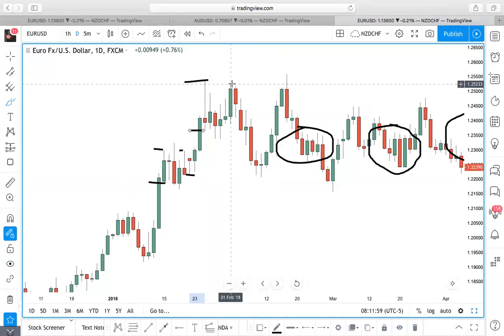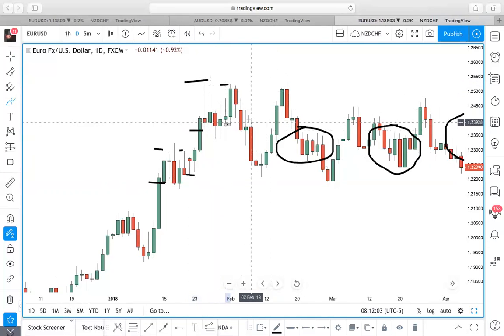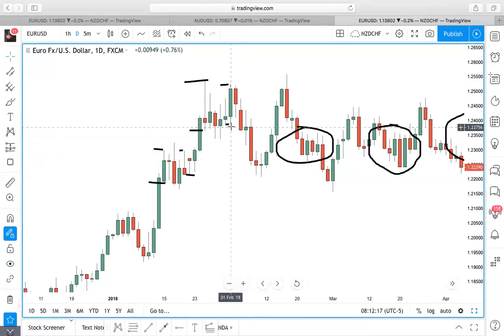Right here, we have a high, a low. Everybody starts shorting. And keep in mind, sorry, I should have told you this, but I'm on the daily charts. So we have this outside bar and inside bar here.